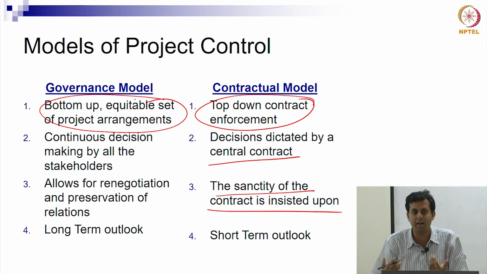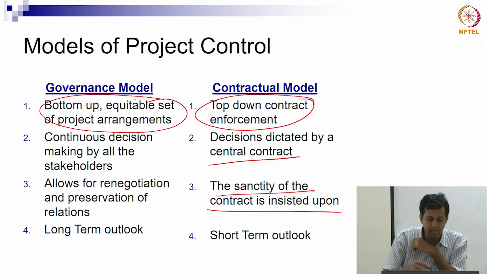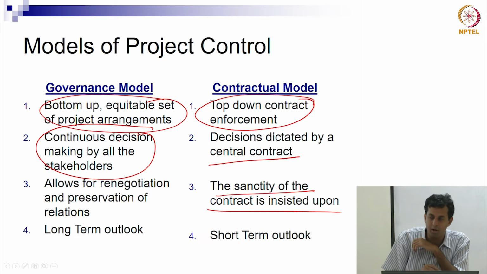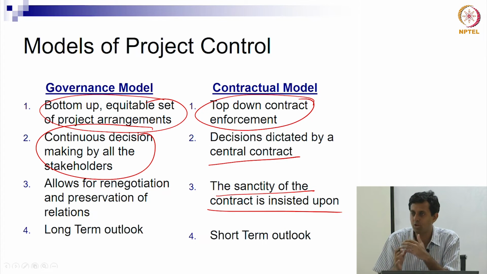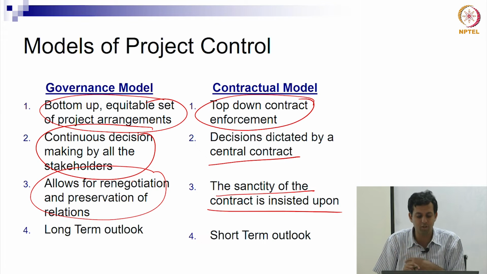It can't just be a contract governing. I need to get feedback from the ground. Maybe 10 years down the line, this asset is completely useless, so I need to be able to see that ahead of time. I need to enable continuous decision making by all stakeholders. If people want to change the scope of the project at some point, they should be able to, and it should allow for the renegotiation and preservation of relationships.